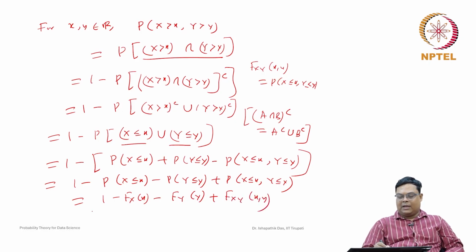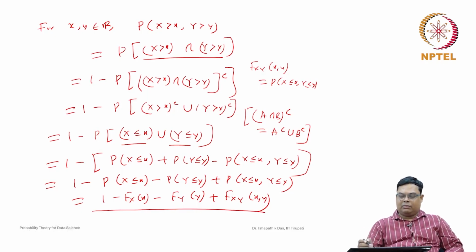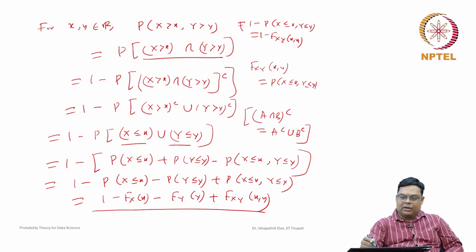This is finally what we got. Basically, we wanted to say that this is not just equal to 1 minus the probability of X less than or equal to x, Y less than or equal to y. In univariate cases it is straightforward, like 1 minus F_XY(x,y), but it is not correct here. So you can see that it does not come out like this.